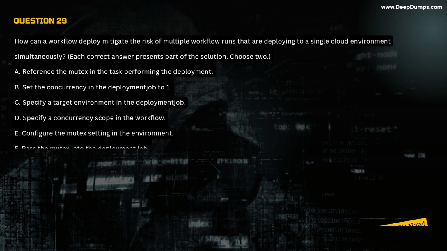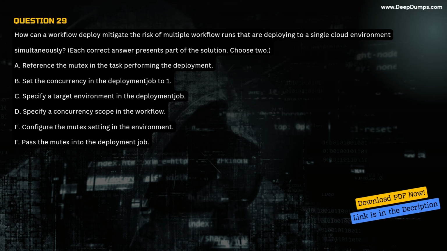Question 29. How can a workflow deploy mitigate the risk of multiple workflow runs deploying to a single cloud environment simultaneously? Each correct answer presents part of the solution. Choose 2. A. Reference the mutex in the task performing the deployment. B. Set the concurrency in the deployment job to 1. C. Specify a target environment in the deployment job.